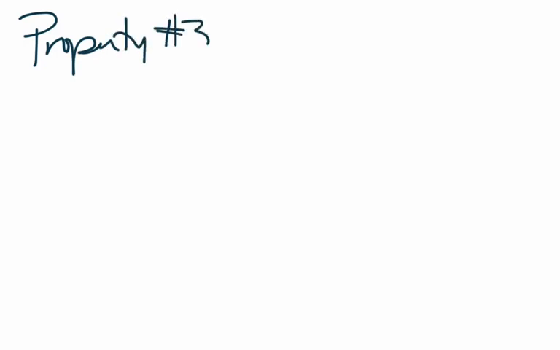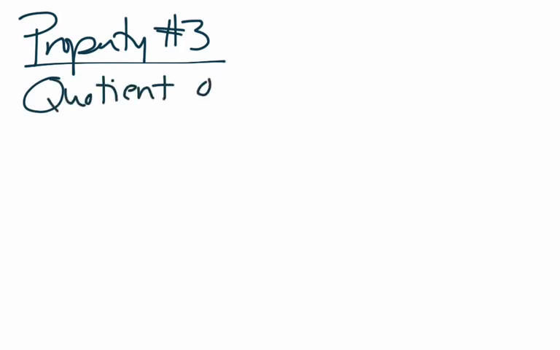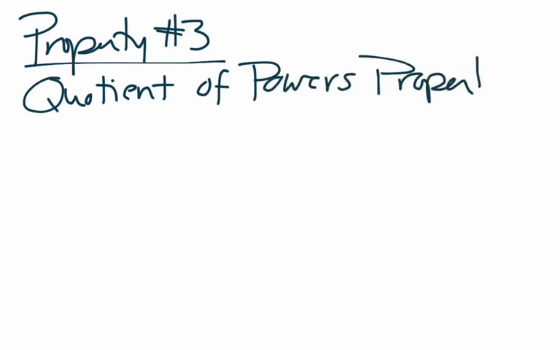So here is property number 3. And this is called the quotient of powers property. Again, as I said in the last video, I don't think it's super important that you know the names of the properties.